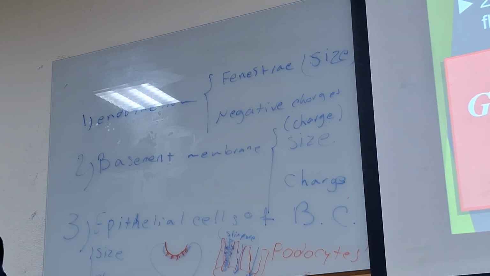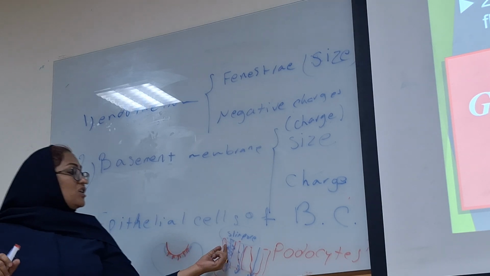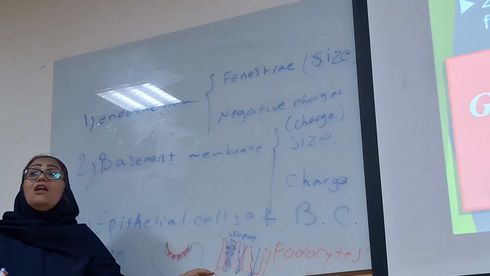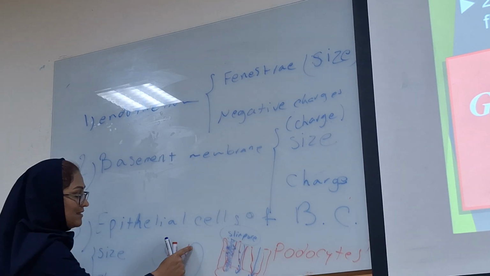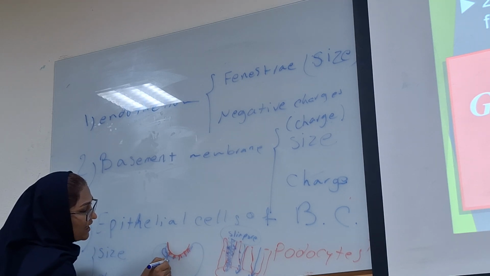All of the layers separate substances based on charge and size. Is a slit pore part of the basement membrane? No. A slit pore is the gap between the podocytes of the epithelial cells of Bowman's capsule.